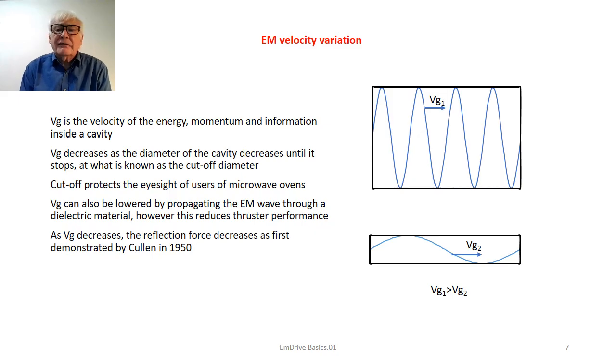This decrease carries on until it meets what is known as the cutoff diameter. At this point, the velocity of the wave reaches zero, and the guide wavelength goes to infinity.